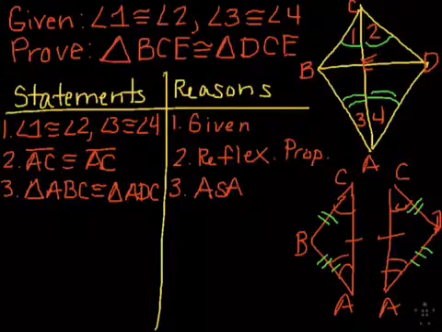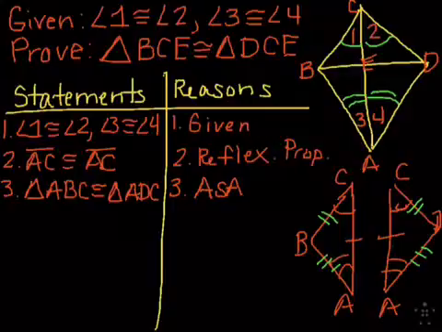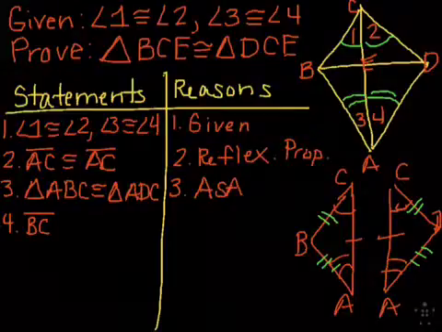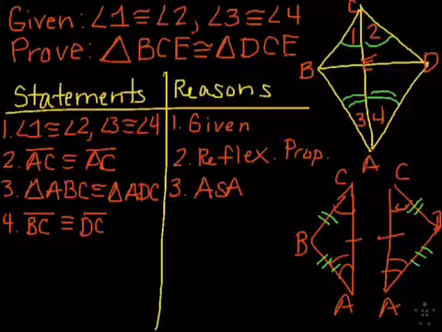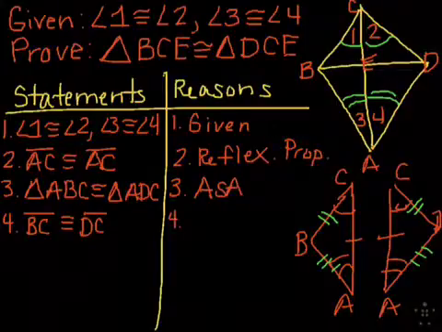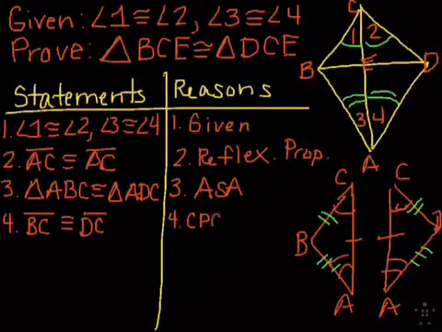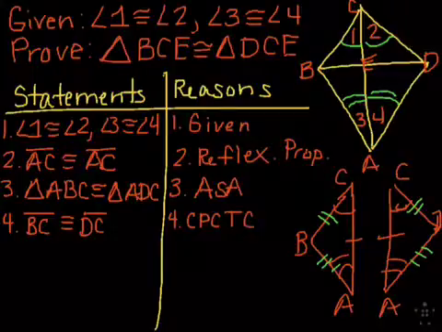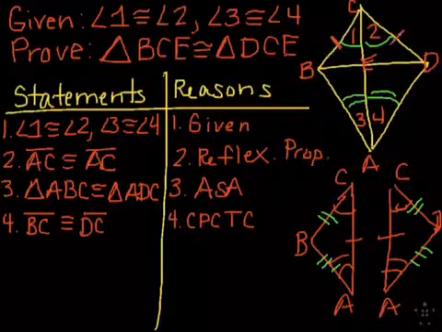So let me write that down. I know that BC is congruent to DC. And we know it's by corresponding parts of congruent triangles are congruent. Right? So I know that this part right here is congruent.